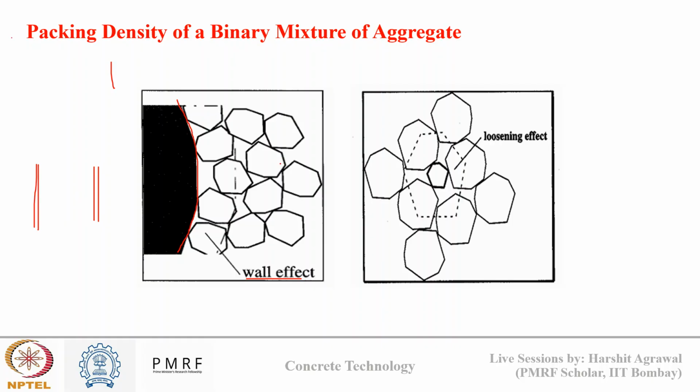When we try to optimize the packing of aggregates, near the formwork there will be big voids created due to insufficient packing near the edges. That effect is known as wall effect. And loosening effect comes when we have too much fine aggregate in the system, such that instead of decreasing the void content between the coarse aggregate, they are disrupting the coarse aggregate from packing efficiently with each other.